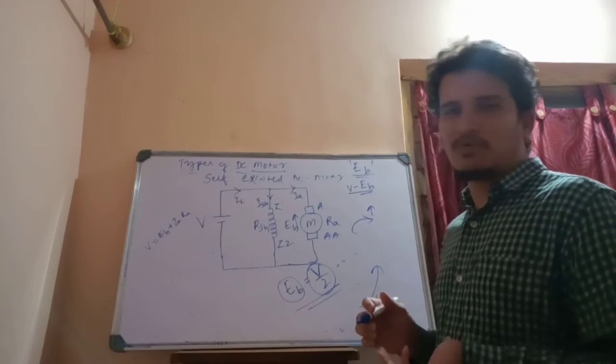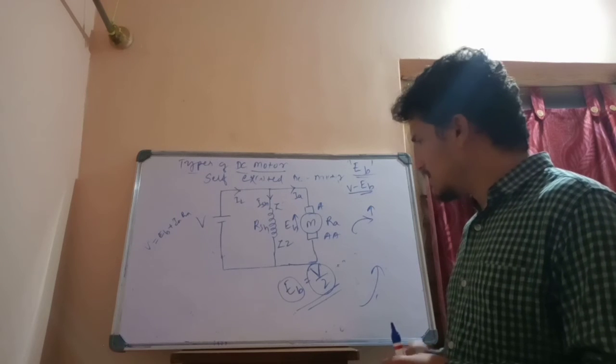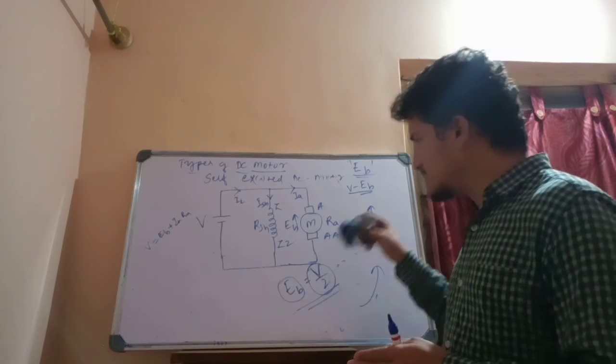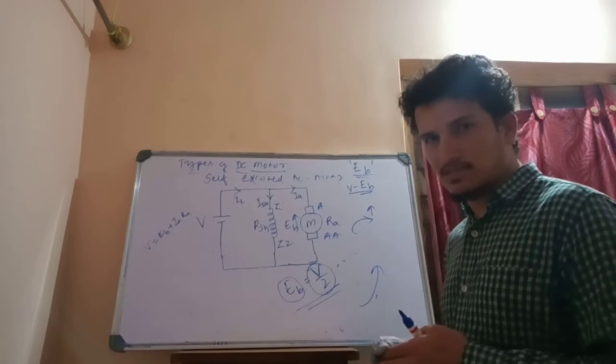The design is not possible. Design is very difficult. So from this we can learn, if the back EMF is half of the voltage, then the power output is maximum.